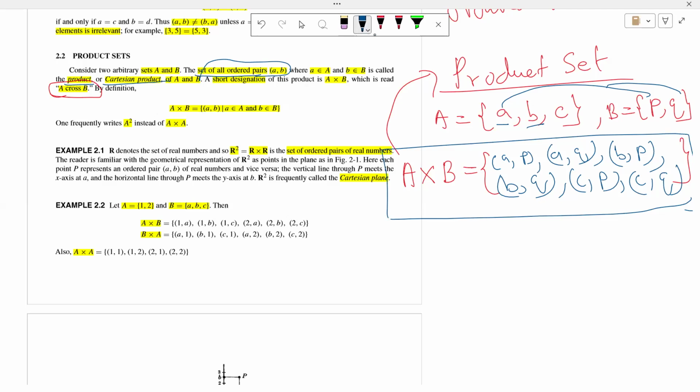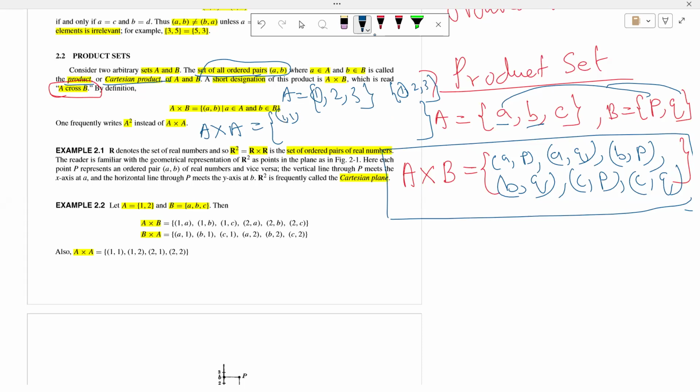Now just think, you have a set A with 1, 2, and 3. Now I am saying A cross A. It means both sets are A. Can you write the product set, or Cartesian product, of A cross A? I can take 1 comma 1, similarly 1 comma 2, 1 comma 3.